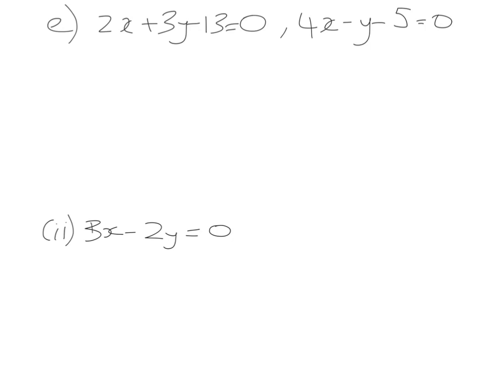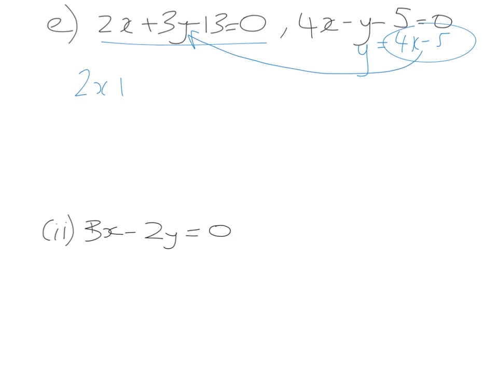Okay, E, simultaneous equations. Either multiply this equation by 2 to get both of them 4x and use the elimination method, or I'm going to use the substitution method because we've got y. So bring the y over the other side, you get y equals 4x minus 5. We're going to sub that in to there, so we get 2x plus 3 lots of 4x minus 5, take away 13 equals 0.